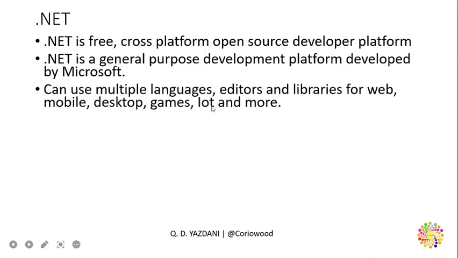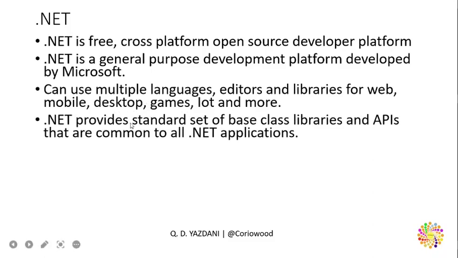Keep in mind, IoT stands for Internet of Things, which means many things like fridges, microwaves, anything that connects to the internet, even light globes, ring doorbells, or surveillance cameras inside homes, anything that nowadays connects to Wi-Fi. With games, you understand we have Unity, and also desktop applications and mobile applications. So we can use .NET with multiple languages, editors, and libraries for websites, mobile, desktop, games, IoT, and more.